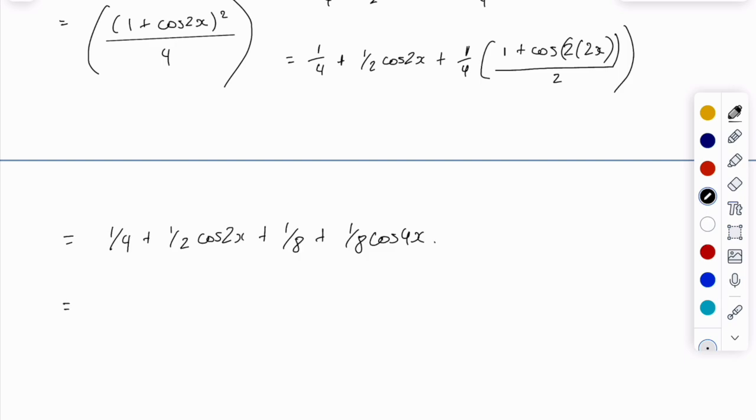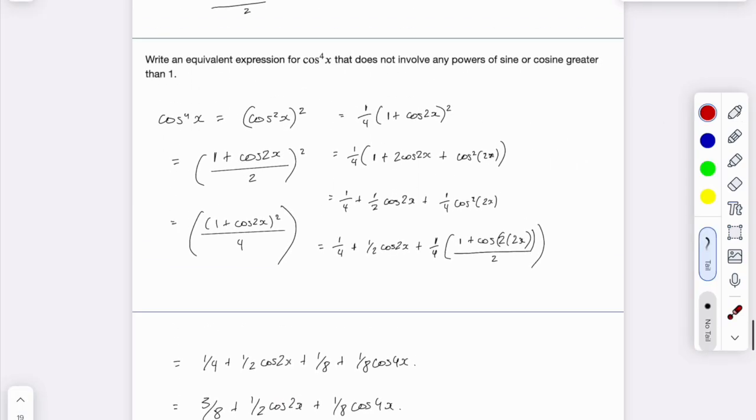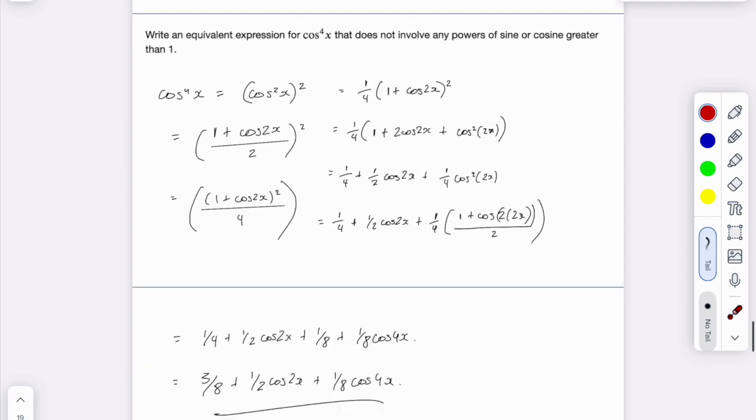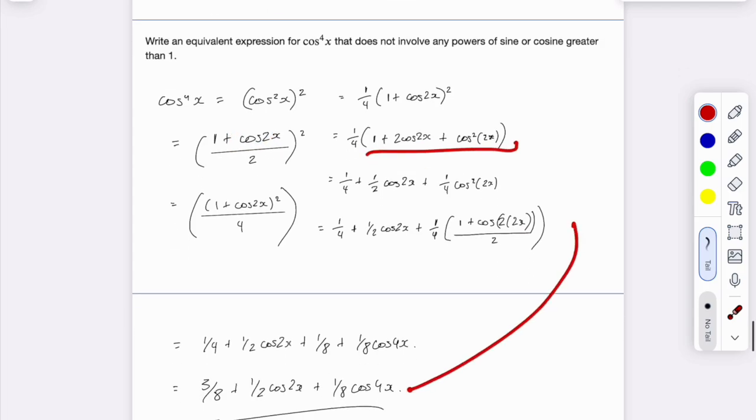If we simplify now, we get 3 over 8 plus a half cos 2x plus an eighth of cos 4x. Recapping this, remember we plugged in here, which concurs with this, and we also broke down at the beginning cos 2x to eventually get here.